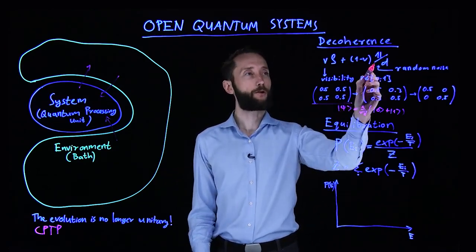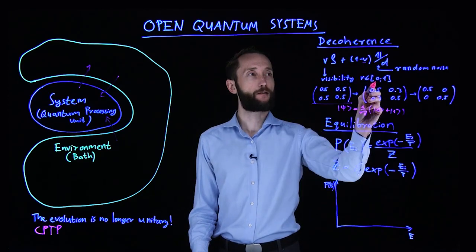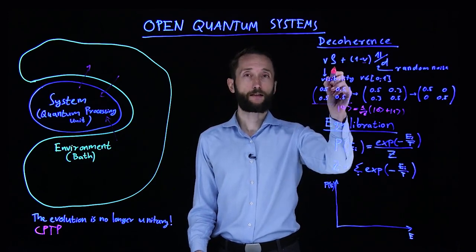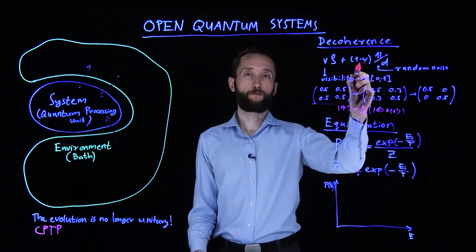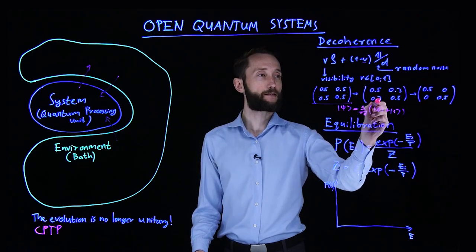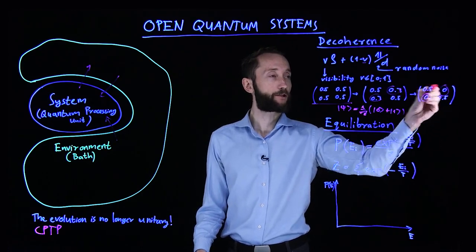And we can control how much noise we have by tuning this parameter called visibility between 0 and 1. So with visibility 1, we have the pure state, but with lower visibility, we mix in this maximally mixed state. And the more we mix, the more the coherences vanish.